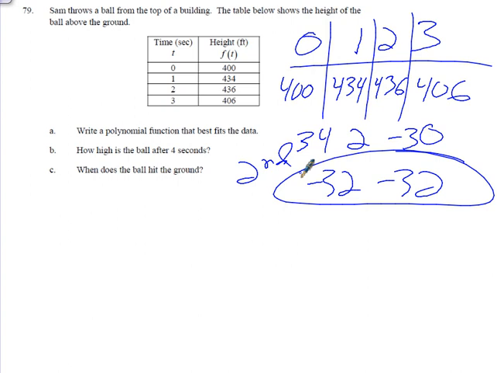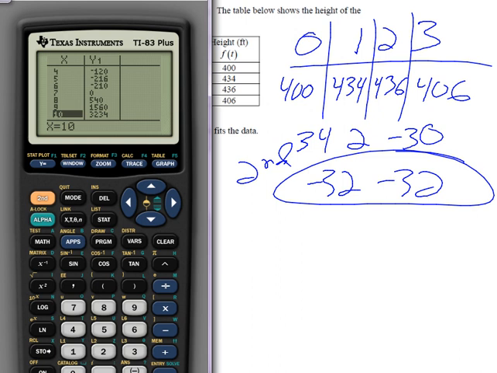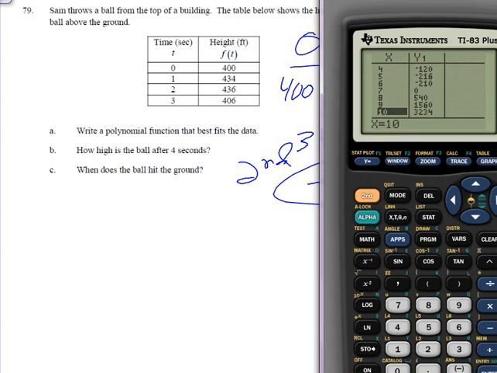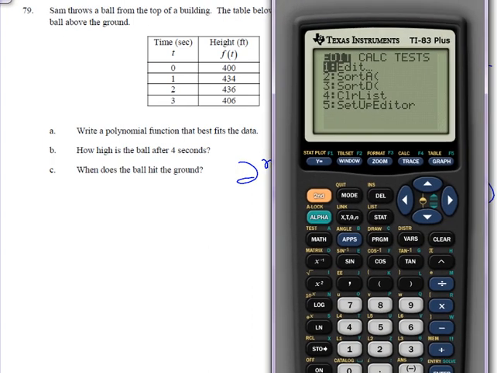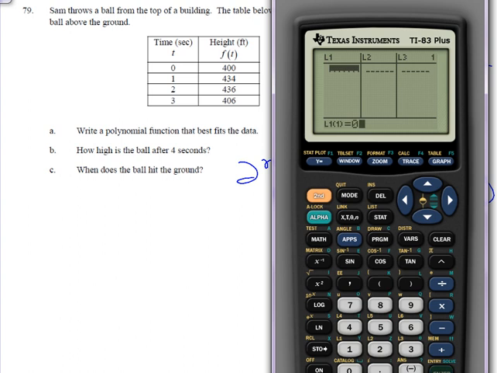So now I can go to my calculator and plug this in. I'm going to go to Stat, Edit, enter my x values in L1. Be very careful entering these, and enter these in: 400, 434, 436, 406.